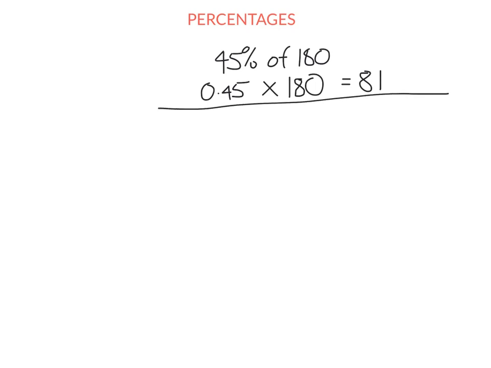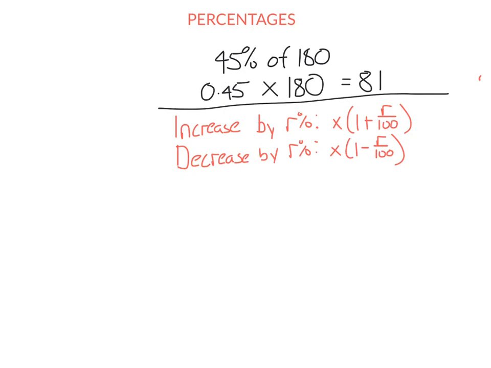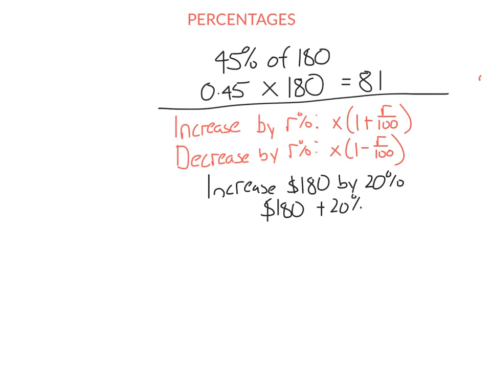So I can use this to help me increase and decrease amounts by a given percentage. So we can actually use this formula here to increase or decrease by a given percentage. So let's say I wanted to increase $180 by 20%. The idea here is what I'm doing is I'm taking $180, which is like 100% of $180, and I'm adding 20% of $180.